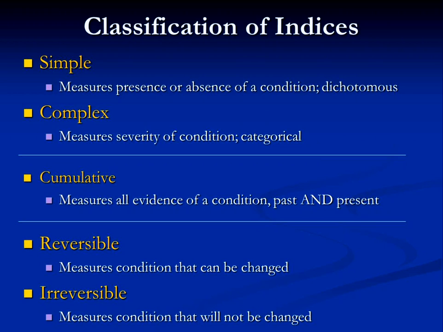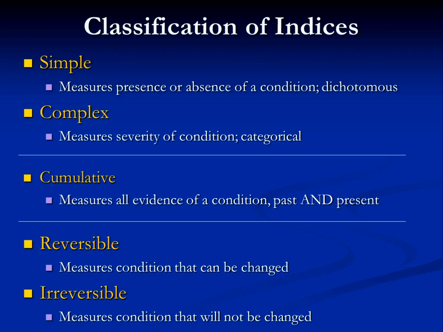A complex index is we're really measuring the severity of the condition. So we're saying whether it's slight, moderate, or severe overall. We can also look at it in terms of cumulative conditions or conditions that are just present.